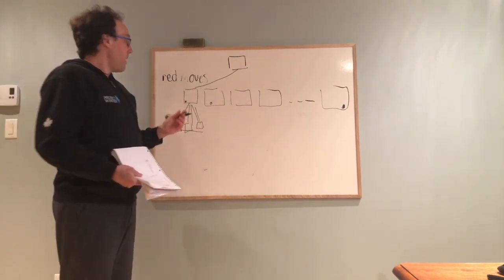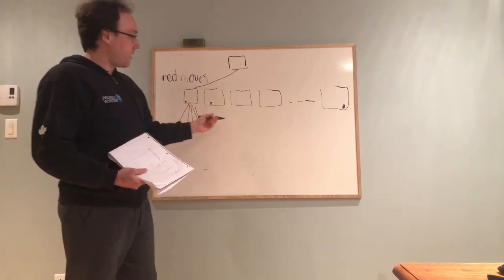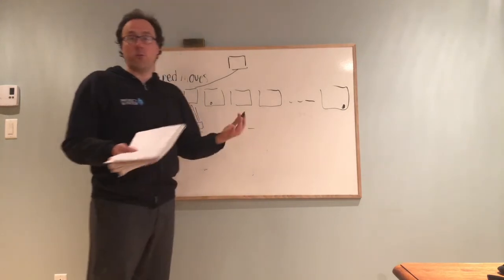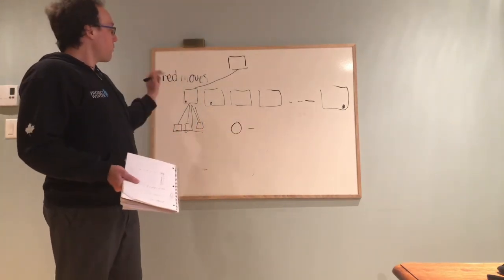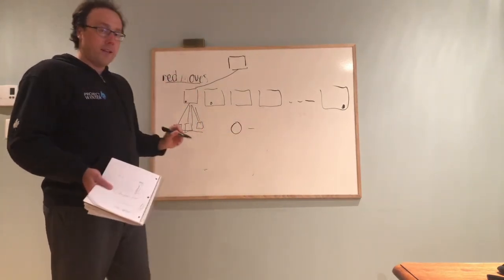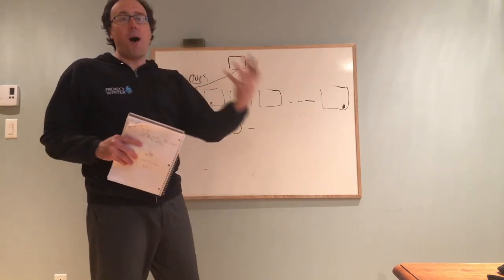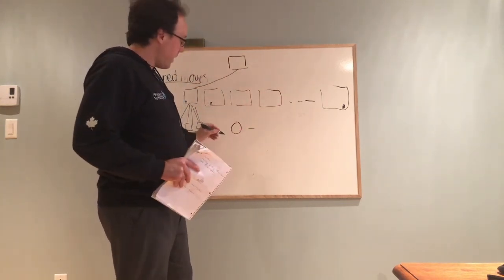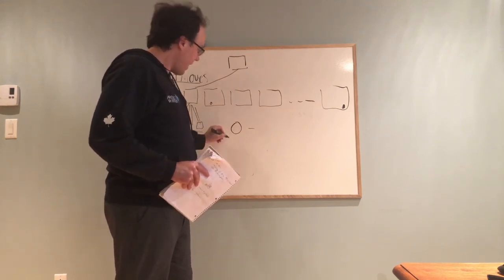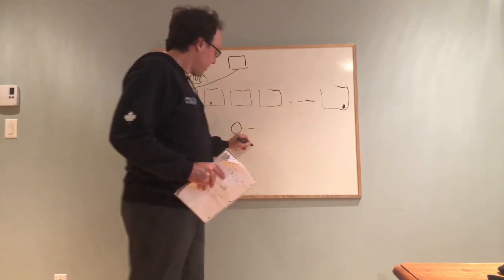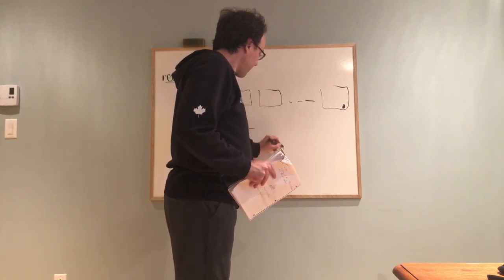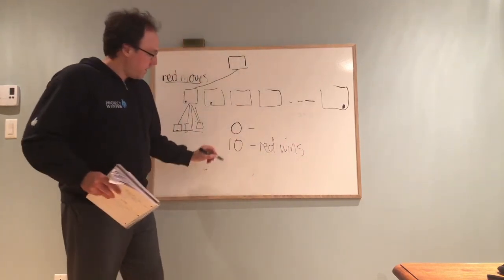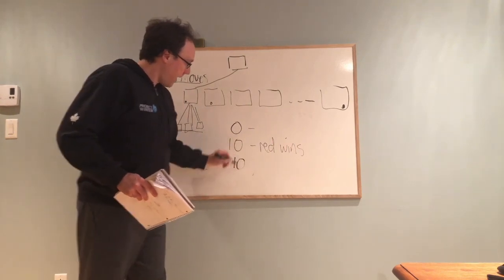So basically, the score it can assign is 0 for a move that doesn't win or lose, okay? If the red player wins, then you would assign a positive score. So if red wins, let's say a red win is worth 10, okay? And if yellow wins, that would be negative 10.